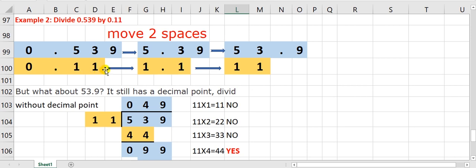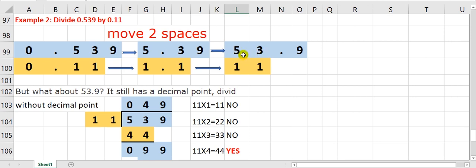So 1, 2 here. This is the first one, and this is the second one. So the divisor is 11. The same thing, I will move the decimal point here 2 places. This is the first step, and this is the second step.